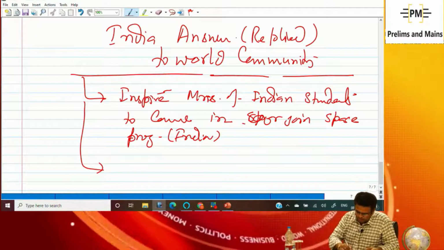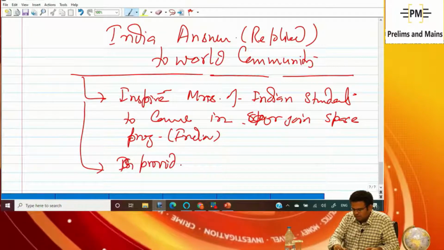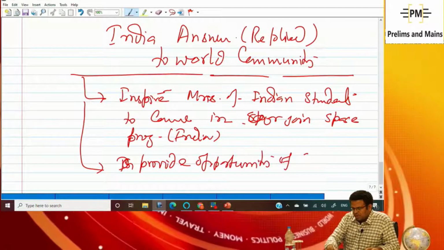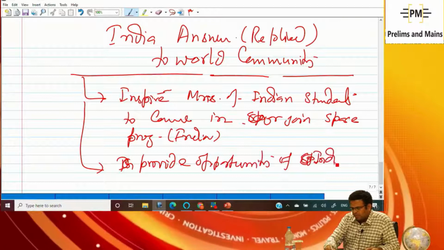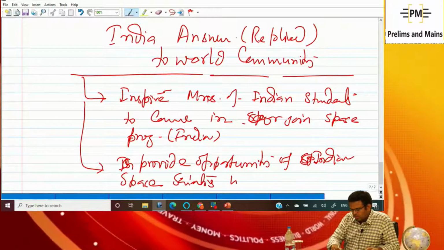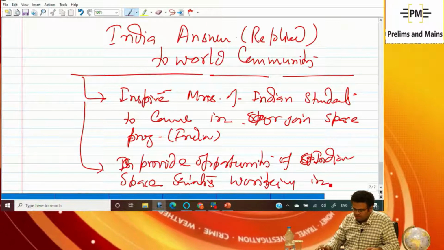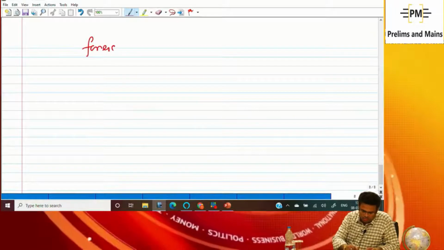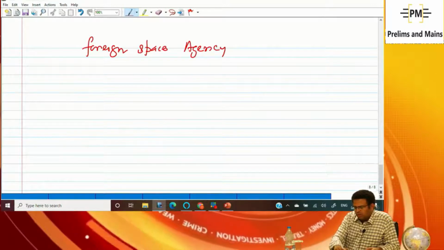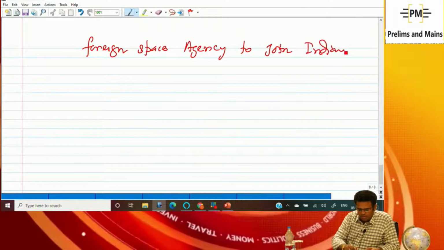So it will provide opportunity to Indian space scientists working in foreign space agencies to join the Indian space agency.